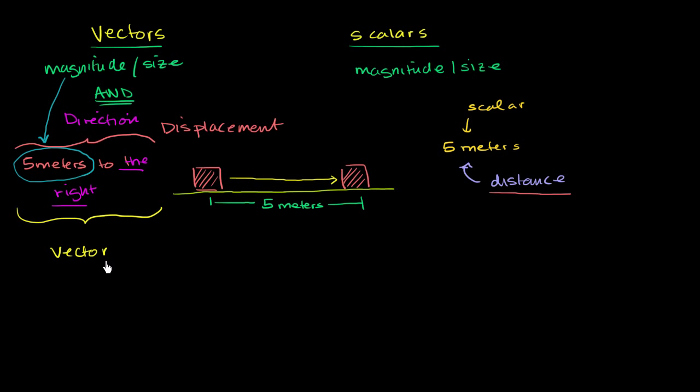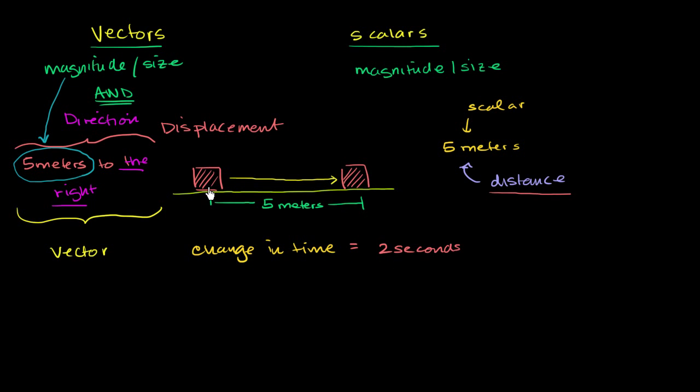Now let's explore this if we talk about the speed or velocity of something. So let's say that this 5 meters was traveled, and let's say that the change in time, when I moved this block 5 meters, was, I don't know, 2 seconds.